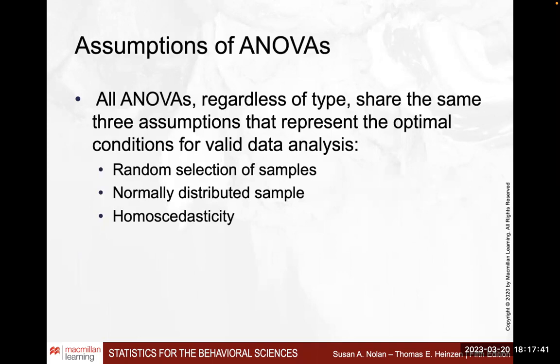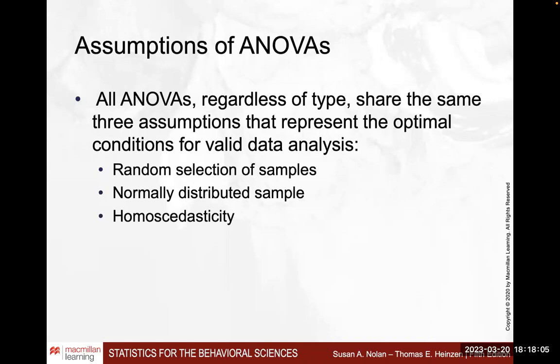So these ANOVAs have 3 assumptions that need to be made. First assumption is that the samples are randomly selected, that you're not predefining those samples based on a specific assignment, but you have independent samples, independent levels of the independent variable.